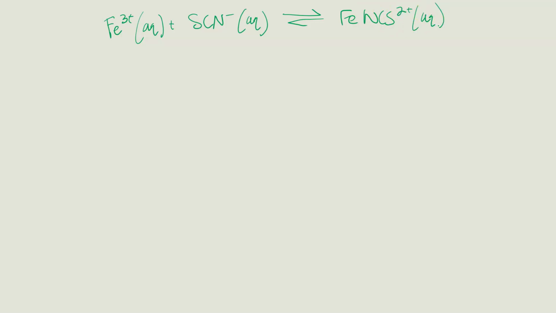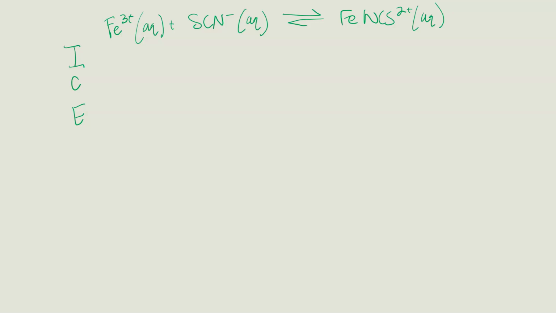We have 2 initial values and 1 equilibrium value, and our job is to solve for the other 2 equilibrium values. Hopefully this is ringing some bells on things that have happened in lecture. So you're going to be doing an ice table for each of the 5 reactions that you did in part B. That's how you're going to solve for the equilibrium iron and the equilibrium thiocyanate.